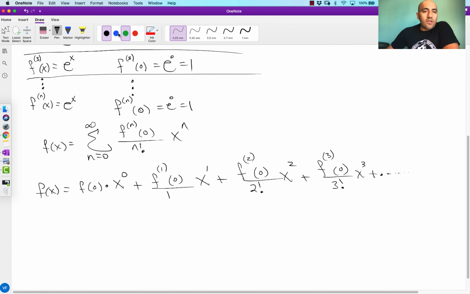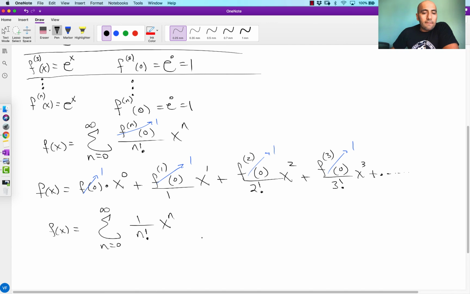Okay, and then we just saw that all of these terms become 1, 1, 1, 1, 1, or coming over here, this thing was just 1. So we can say that our function, f of x, is then simplified to be the sum from 0 to infinity of 1 over n factorial times x to the nth power.